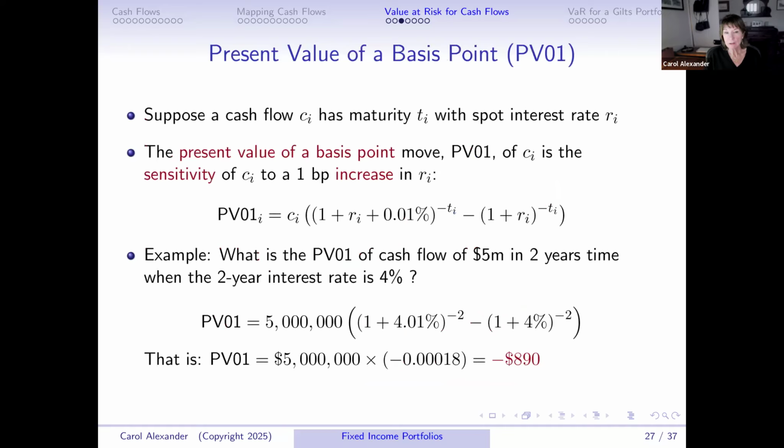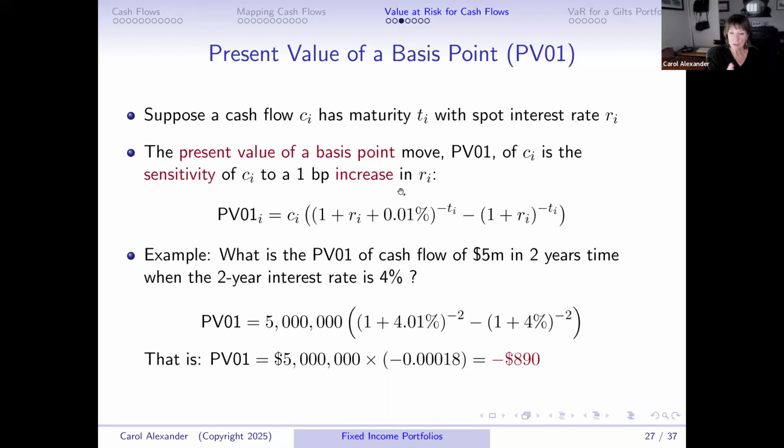Well, if you've got a cash flow, not in present value terms, now, Ci, at maturity Ti, spot interest rate Ri, okay, as before. The present value of a basis point move, that's PV01, is the sensitivity of that cash flow to a 1 basis point increase in Ri, which is the expression on the right-hand side of this equation.